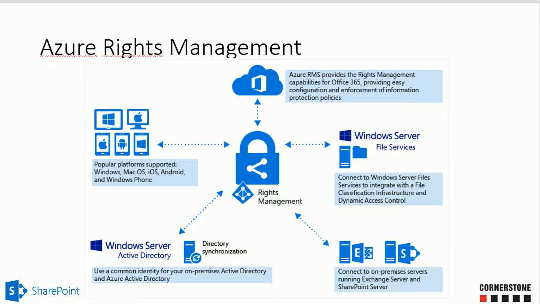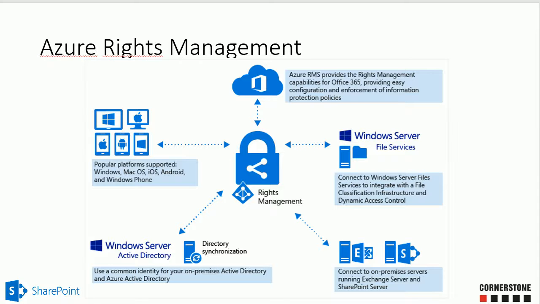This is also called Azure Rights Management, and this is a more technical background of what it's doing. You can connect your Windows file services to it too, and you can also, of course, connect to on-premises services. So this can be done on-premises also, but it's done by default in Office 365 SharePoint Online.